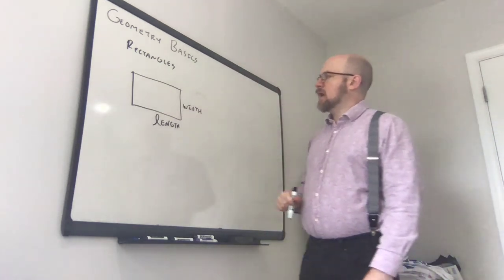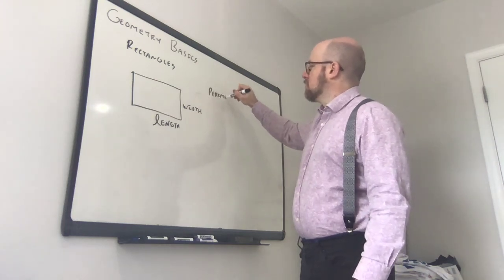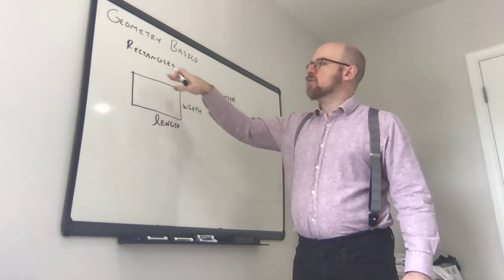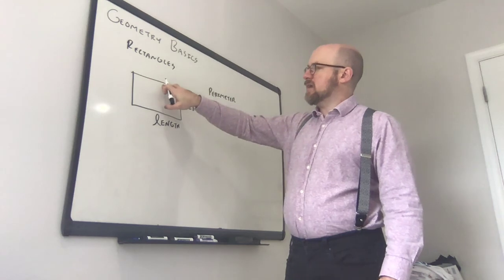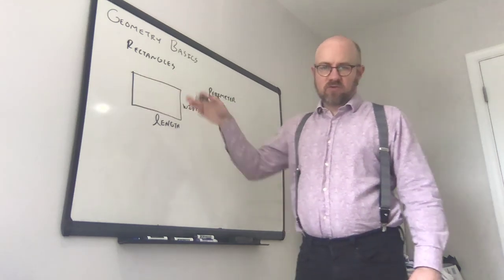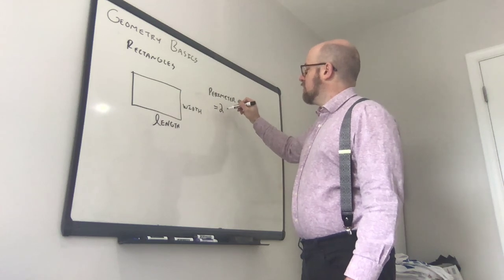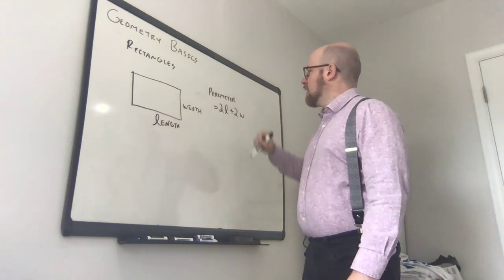If you want to find the perimeter, the distance that it takes to go all the way around the rectangle, you're going to take length plus width plus length plus width, right? Because you want to go all the way around. Or if you want to write that down, that's 2 times the length plus 2 times the width.